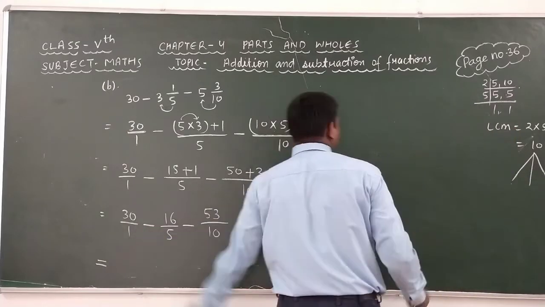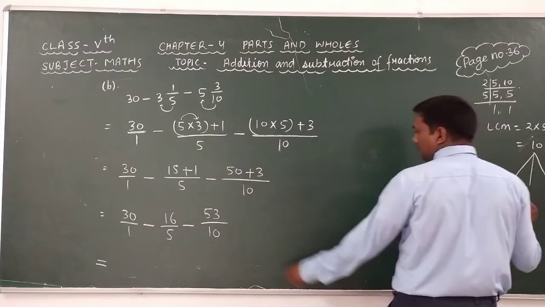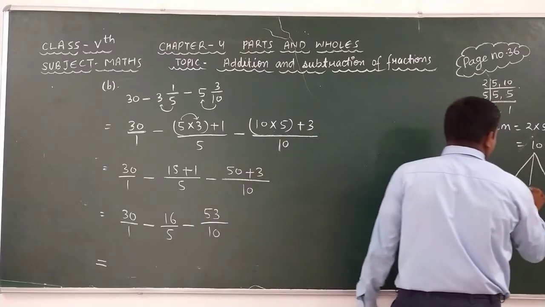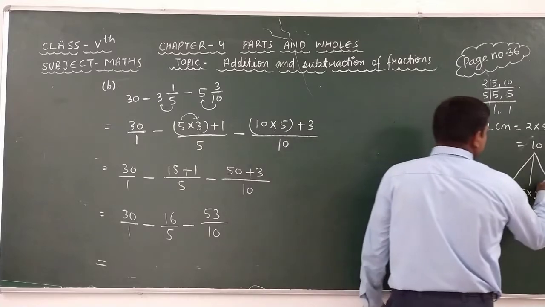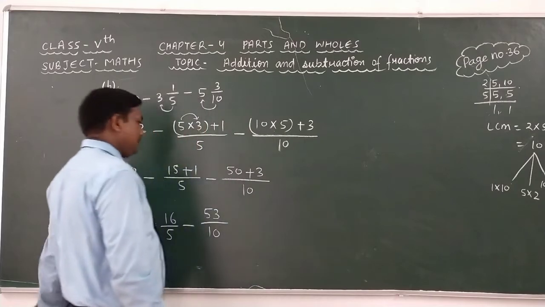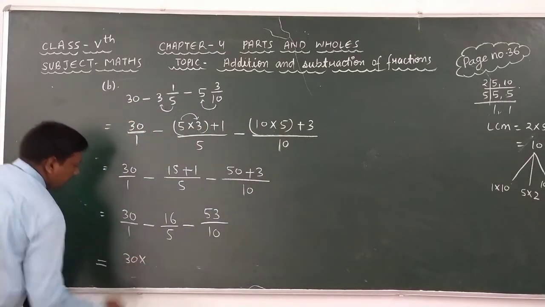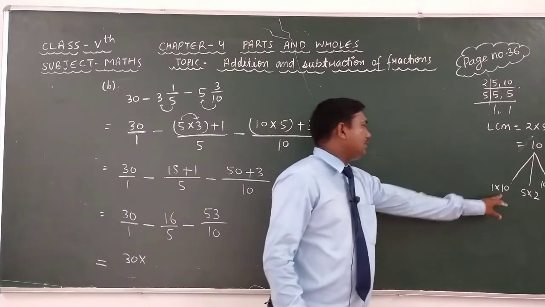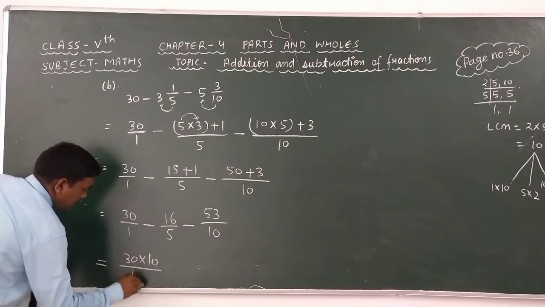Here given that one, we know that 1 into 10 is equal to 10. And here given 5 into 2, 5 2s are 10, and here given that 10 into 1 is equal to 10. Okay, it means that in this fraction we have to take the multiplication of 10 in numerator and denominator.